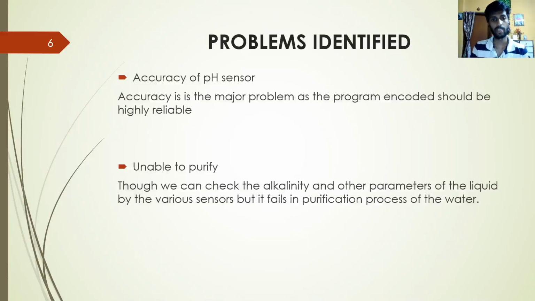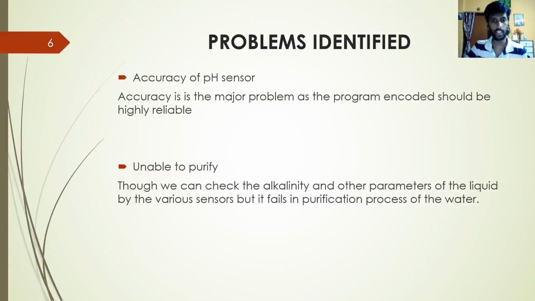So the problems identified with this project, after going through and performing all this, are two. The first one is the accuracy of the pH sensor. The pH sensor is not accurate to the utmost as of now, but it can be improved.